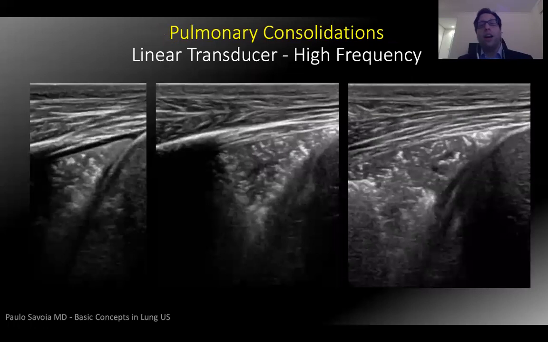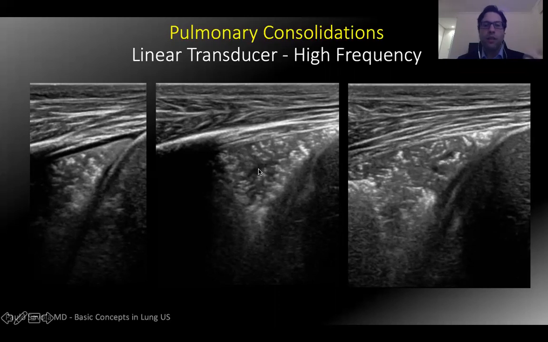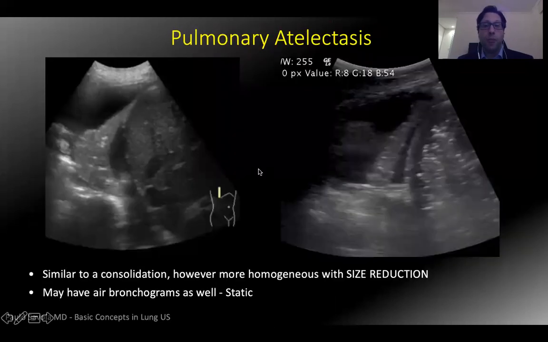If you change to a high frequency transducer, as I said before, to study better some areas, look at how beautiful this image is of a consolidation with a lot of air bronchograms inside, and you can also see vascular vessels here, okay? So this is a beautiful image.